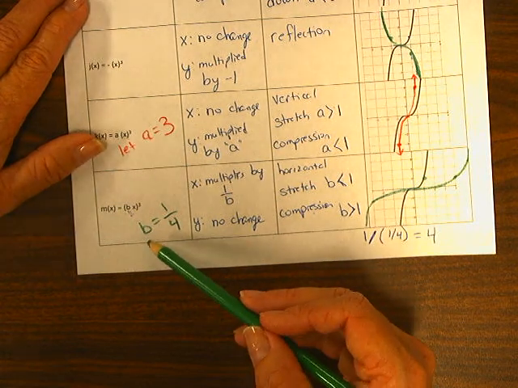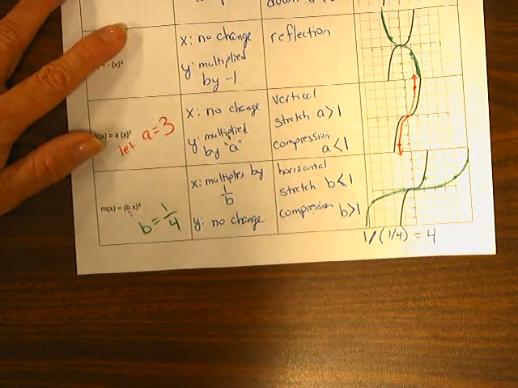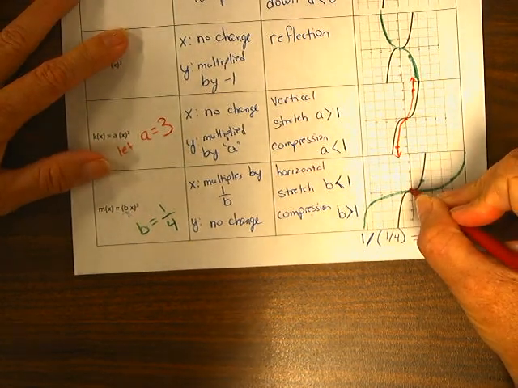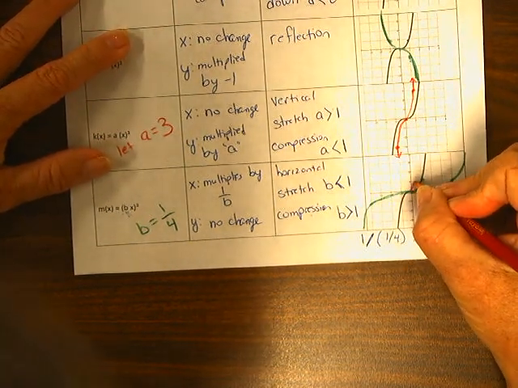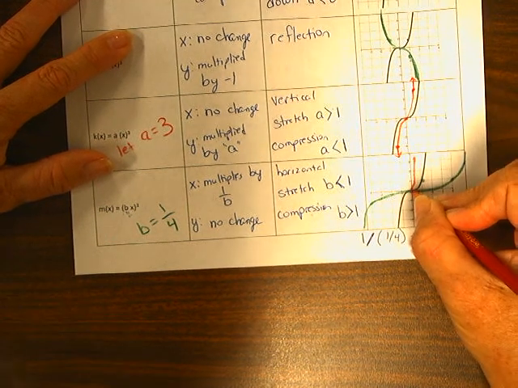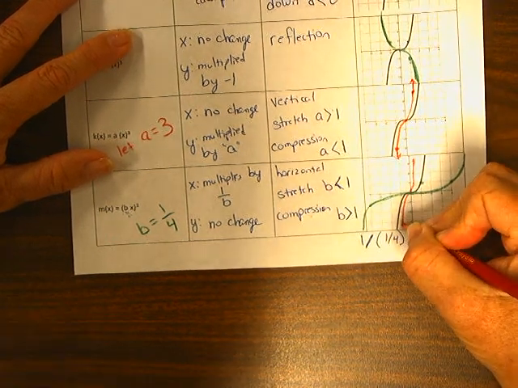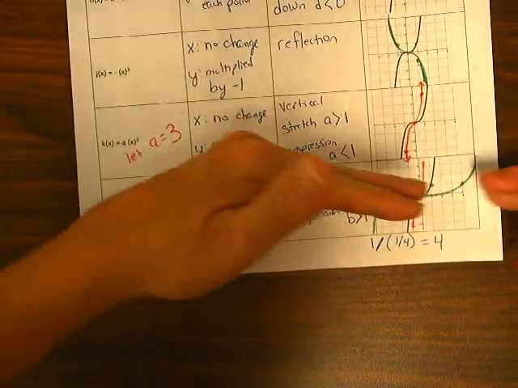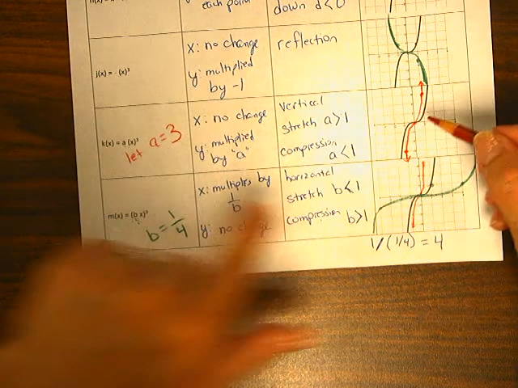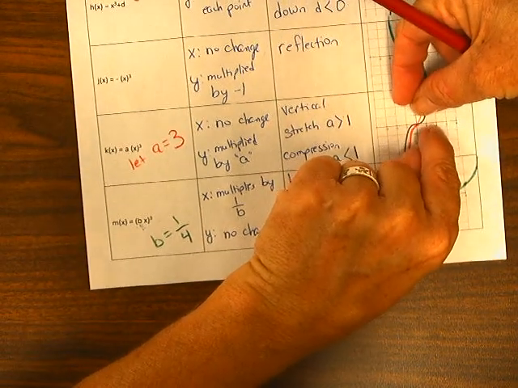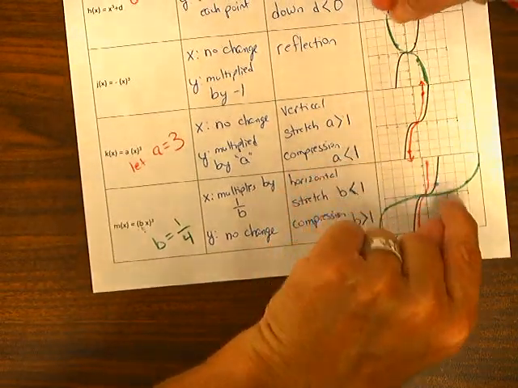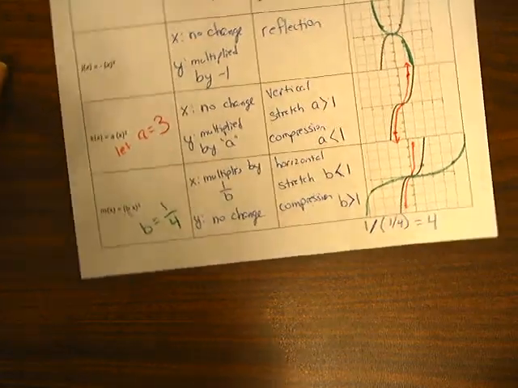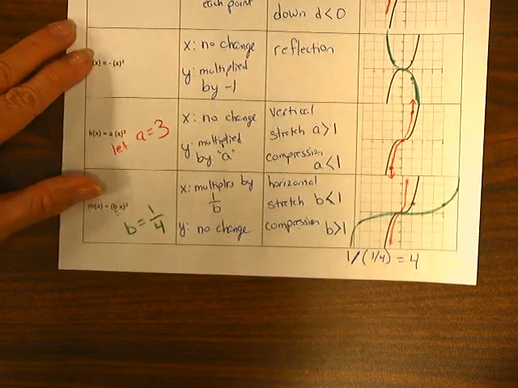So put in a 2 or a 3 and see what happens. And what you're going to see, I'm going to draw this in red so you see it, is that when you have a large b value, this gets much thinner. But the way that it gets thinner is that it pushes the points inwards, horizontally. They're coming in together. Vertical transformations stretch it longwise. This does it by pushing points in. And again, plug in some values on your calculator.